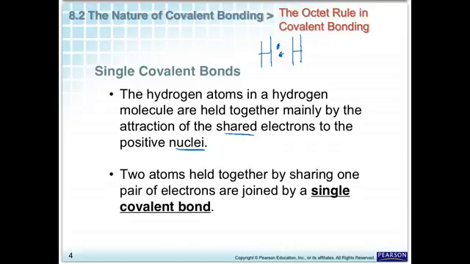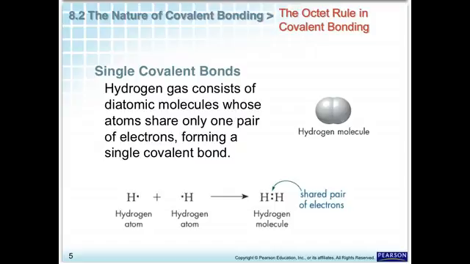And these two atoms are joined by what we call a single covalent bond. So a pair of electrons is a single bond. Again, hydrogen gas is diatomic, meaning we have two atoms of hydrogen forming a molecule. So we have two individual atoms, each now sharing that pair of electrons to make the molecule.